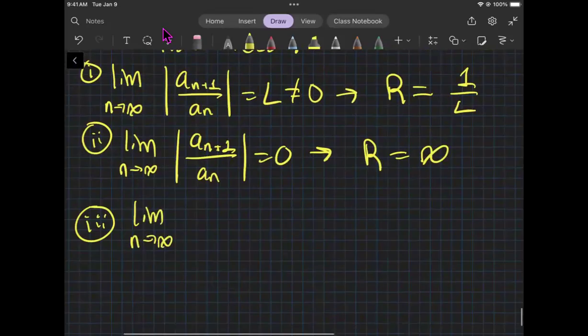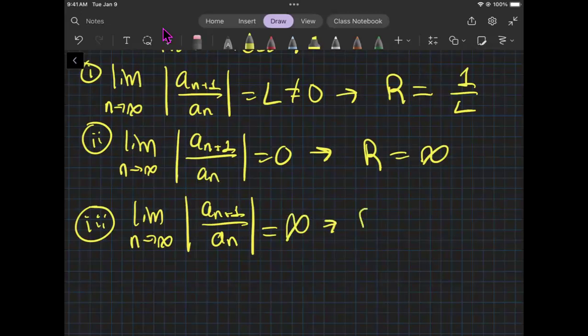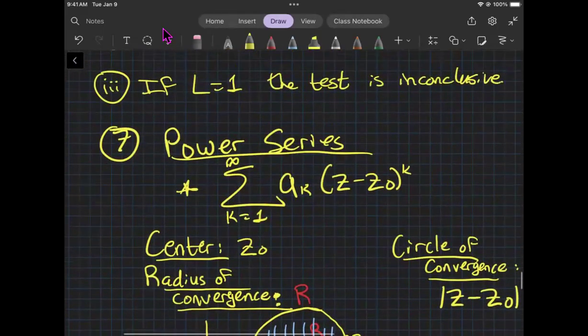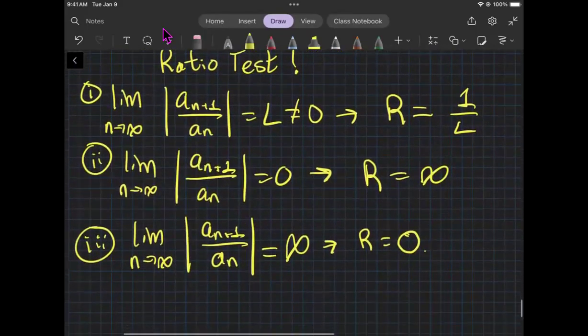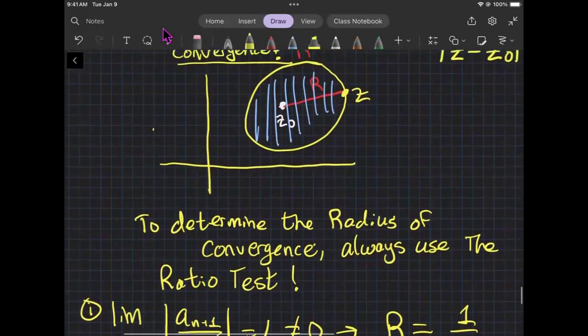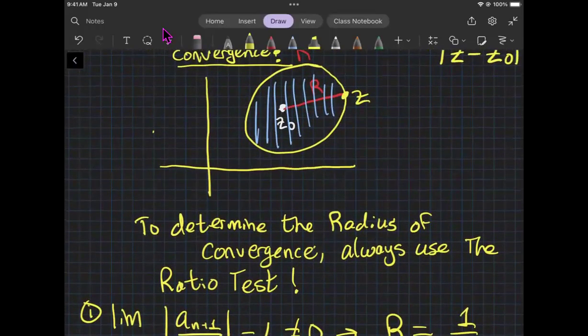Finally, if the ratio of the coefficients in the power series gets astronomically large, that means your series will diverge for every complex number. And so the radius of convergence is 0. There's no point where it converges except at the center of your power series. If z equals z naught, you'll have possibly convergence or divergence, depending on what the A sub k terms would be.